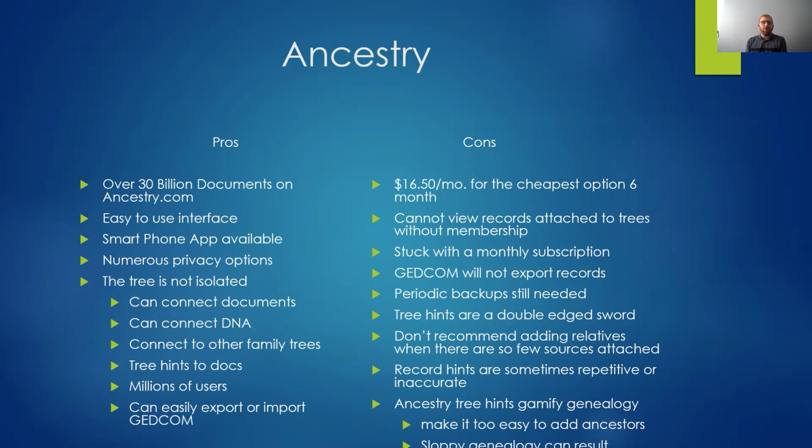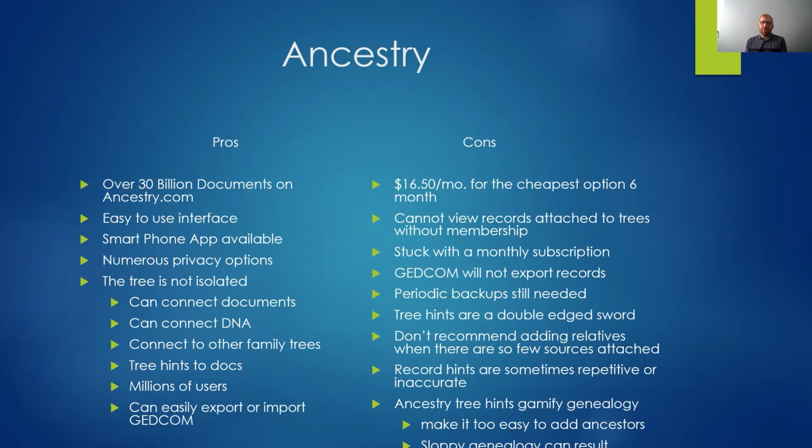You can use their smartphone app. They have a number of privacy options, so you can be completely alone and not collaborate with other people, and nobody can see your family tree, or you can have your family tree open, and there is a lot of ability for collaboration. Ancestry is kind of a community, sort of like Find a Grave, but honestly even bigger.